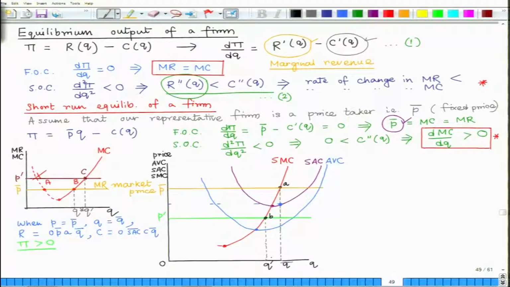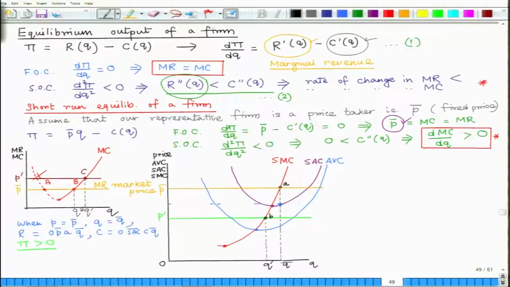because you know at point B MR equal to MC and both the first order and second order conditions are met, and mathematics tells the firm to produce at Q dash level. Now let us look at the economics of it, okay, and let us see whether the firm will be happy by producing here.